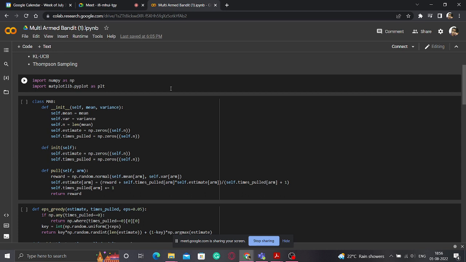So it is 2 ln n upon nj, where nj is the total number of samples from arm j. If arm one got sampled four times and arm two also got sampled four times, then it will depend only on Qj.